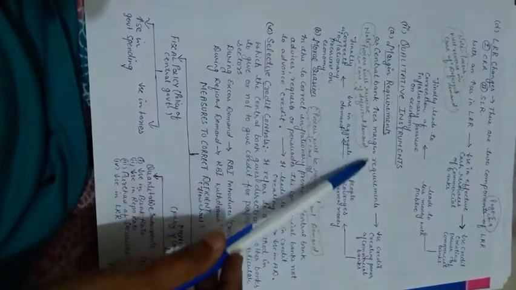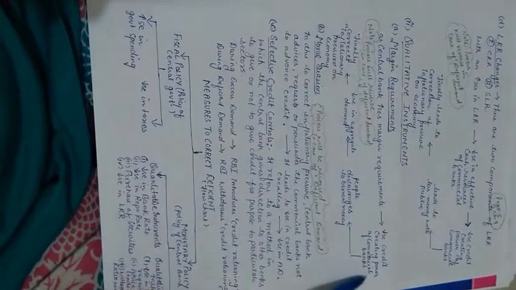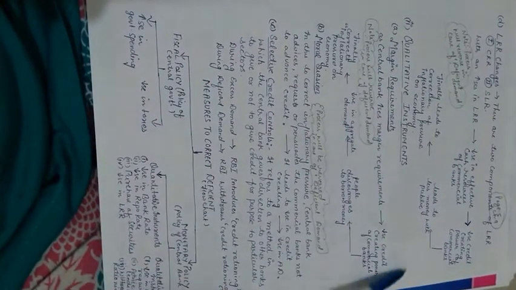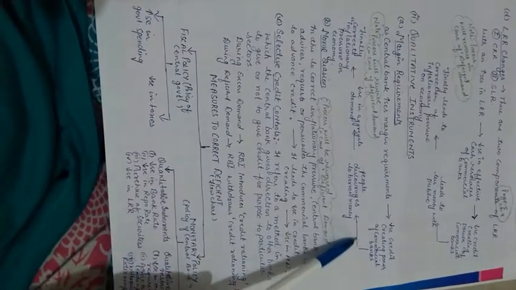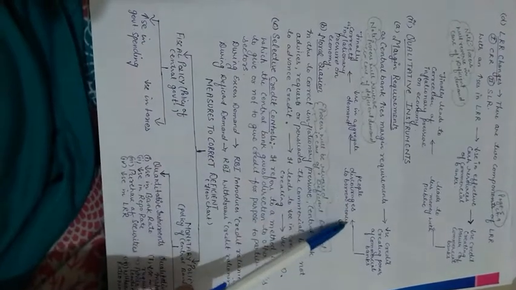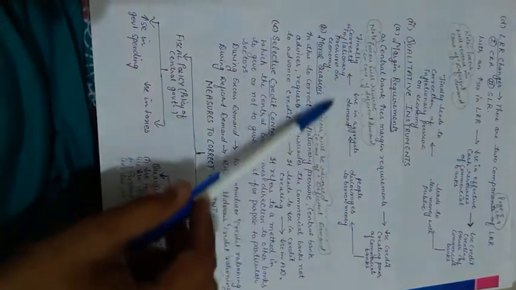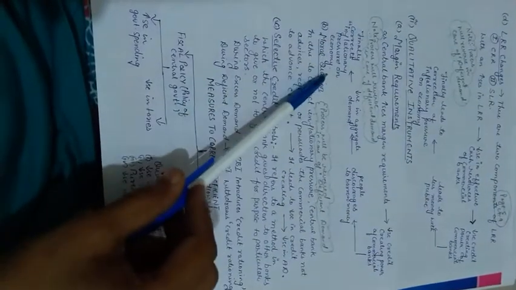So if this margin requirement increases, banks will have less credit creating power, because people will not be interested in borrowing from banks at such high margins. So this will lead to a decrease in your aggregate demand, and finally you will get a solution for your inflationary gap.